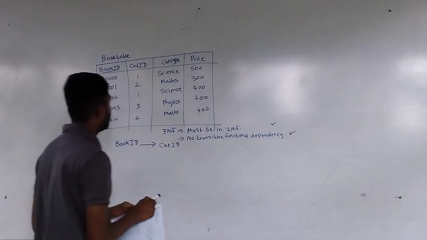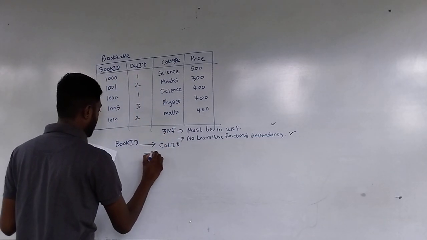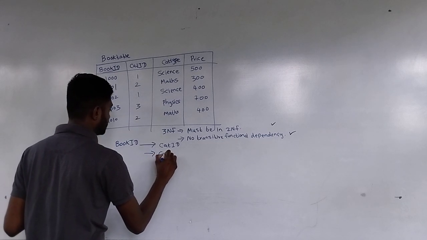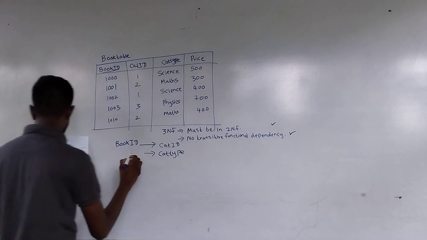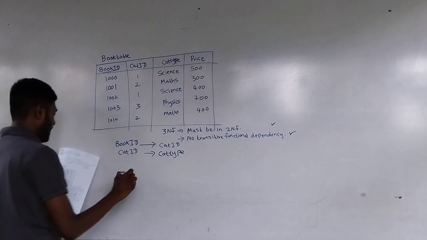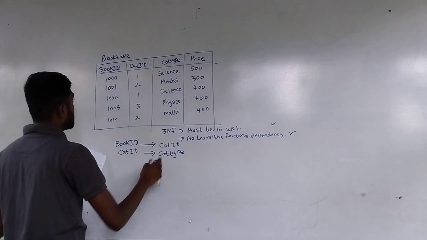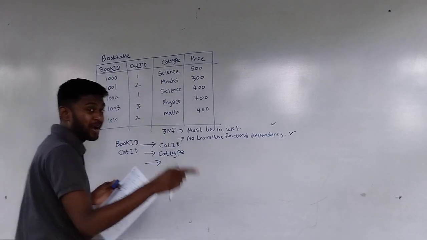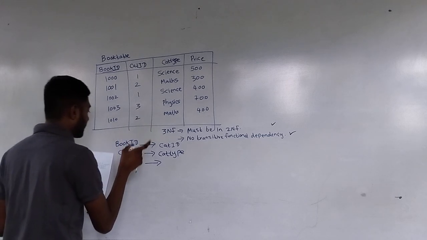So let us go further. We can say cat type is dependent on what? Cat ID. Then cat type is dependent on book ID via what? Via category ID.